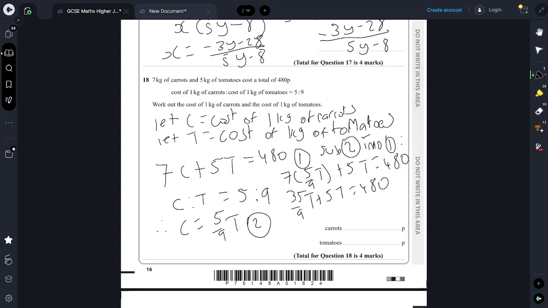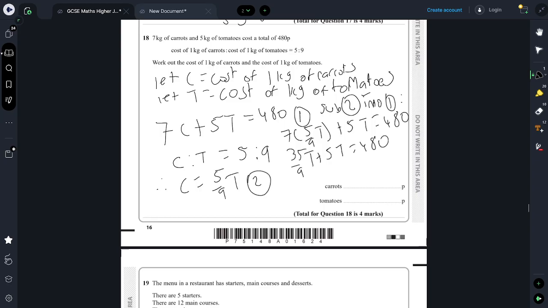And now we collect like terms. They don't give you a lot of room here. Well, 35 over 9 plus 5. Again, this 5 is also a fraction, it's 5 over 1, really. So we have to times by 9, both top and bottom, to make the denominators the same. 5 times 9 is 45, and add them, and you get 80 over 9.